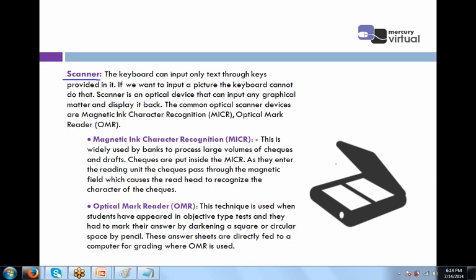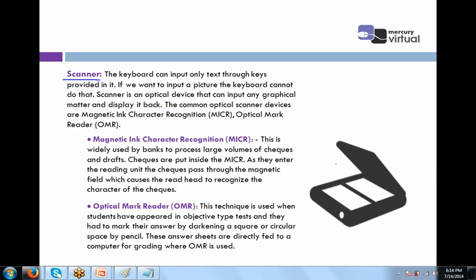For example, if I want to scan 10 or 12 documents, and I want them not in hard copy but in soft copy, that is done by the scanner. In simple terms, a scanner converts hard copy, a paper page, into computerized form, in 0-1 form. Now let's see what a scanner is.